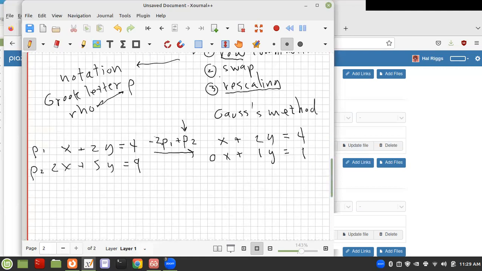It illustrates a row operation of multiplying one row by a number and adding it to another one. And this is part of the goal. With this 0 here, we don't have to write it, because we know that 0 times any number is 0. So this is the same thing as x plus 2y equals 4 and y equals 1.